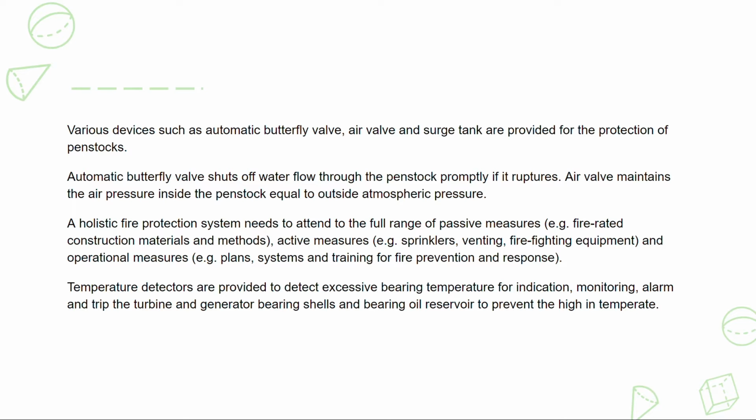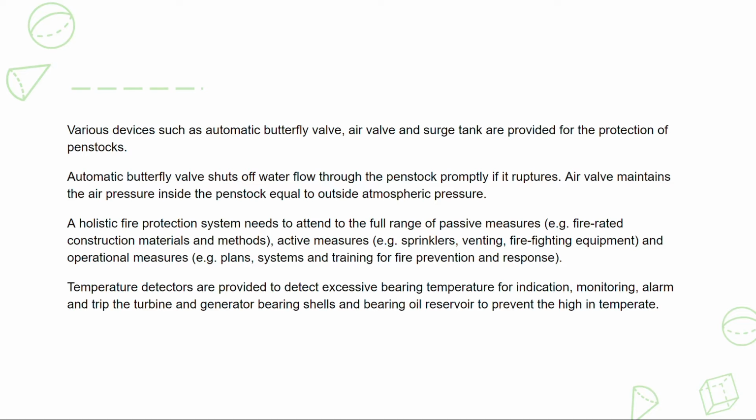A holistic fire protection system has been needed to attain the full range of passive measures, for example fire-rated construction materials and methods; active measures, for example sprinklers, venting, and firefighting equipment; and operational measures, for example plans, systems, and training of fire prevention and response.